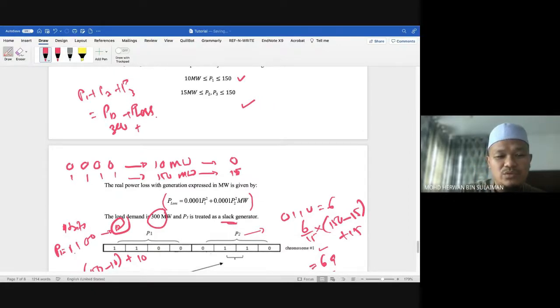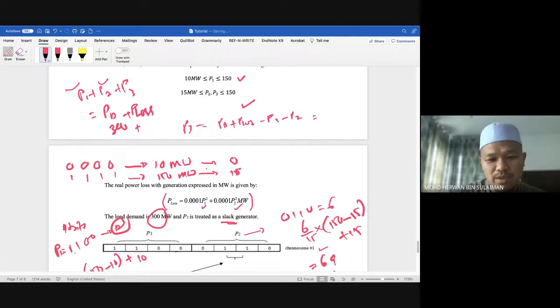So what we need to do is calculate our P loss based on the P1 and P2 that we have taken. So we know P1, we know P2, so we can put in P1 and P2 and calculate P3. So our P3 is equal to P demand plus P loss minus P1 minus P2.